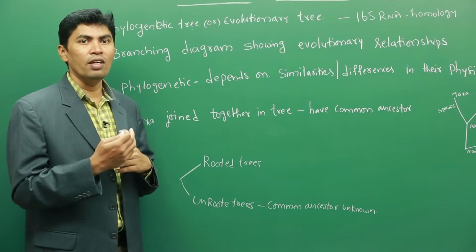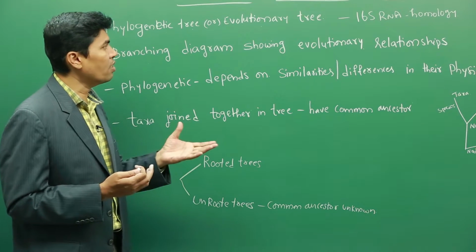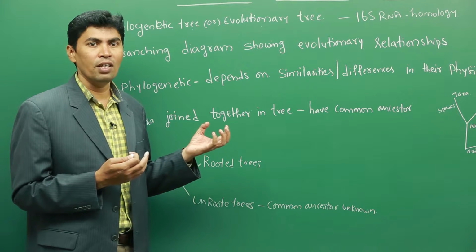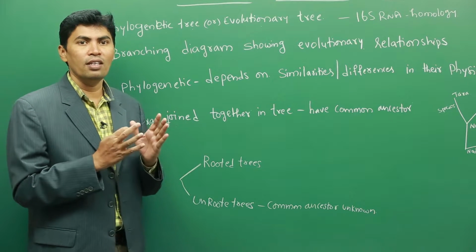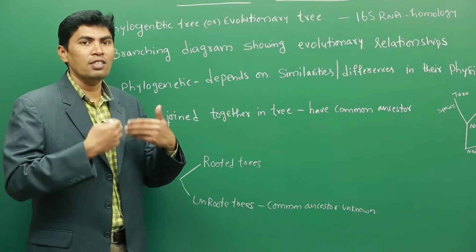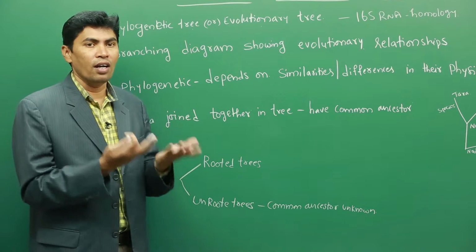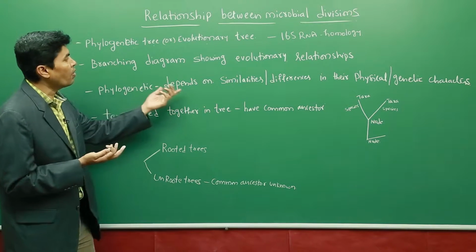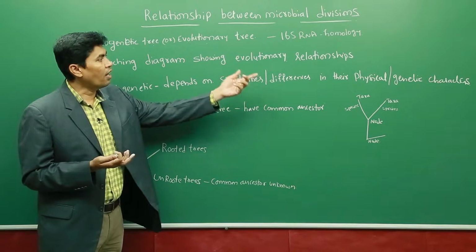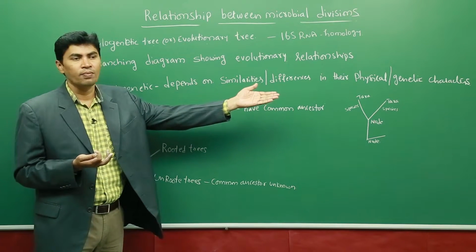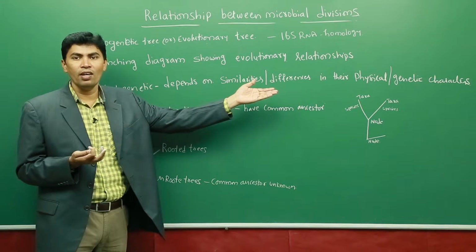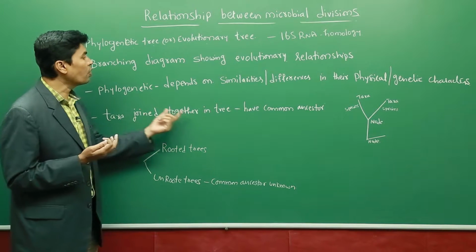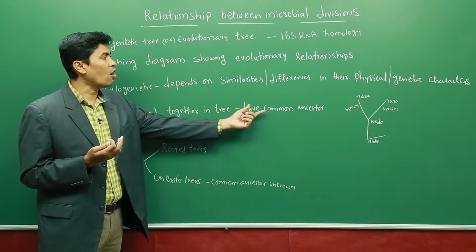So based on the evolutionary relationship, minor modifications or changes may occur within the 16S fragment of rRNA, and that is how organisms may evolve from the same common ancestral organisms. Now here you can see the phylogenetic tree mainly depends upon the similarities and differences in their physical and genetic characters, and these genetic characters are very important.